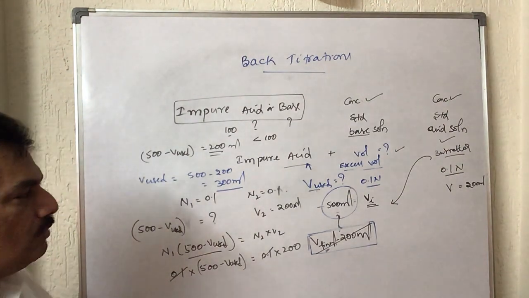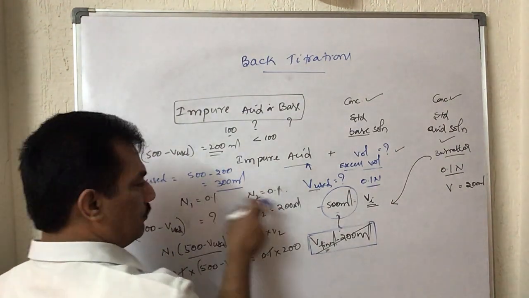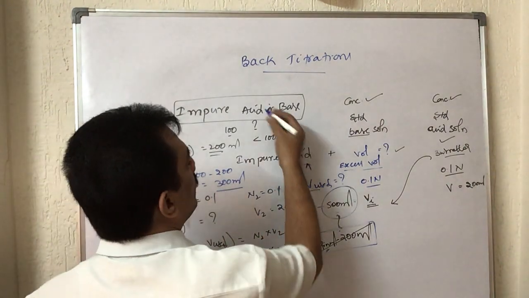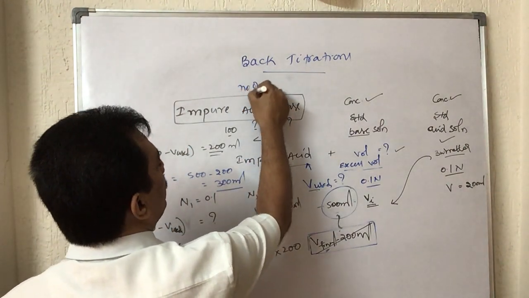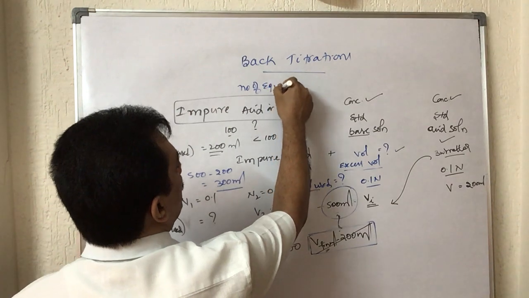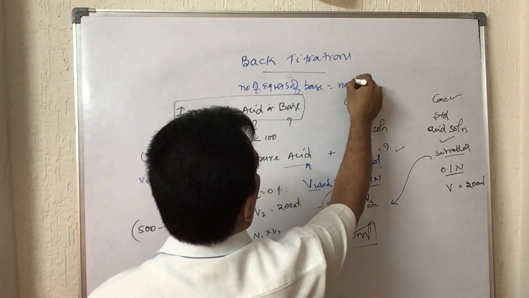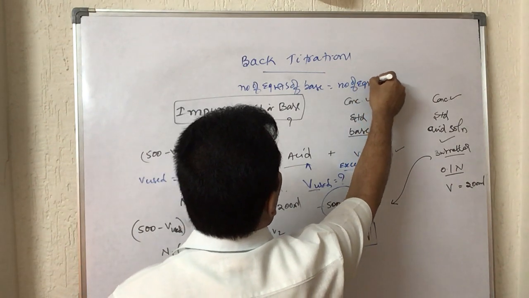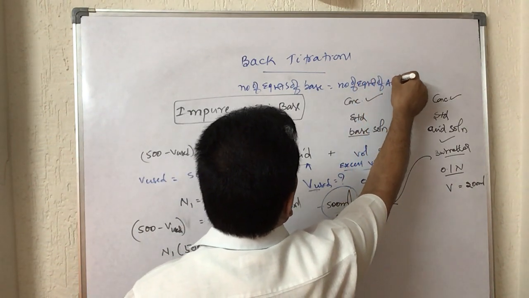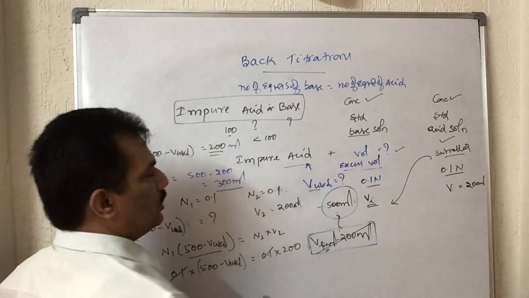Are you getting? From this, when it is 300 ml, we know the number of equivalent weights of base. The number of equivalent weights of base is equal to the number of equivalent weights of acid present in the impure solution.